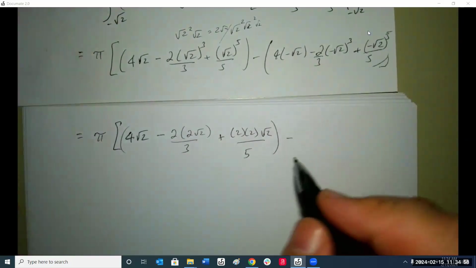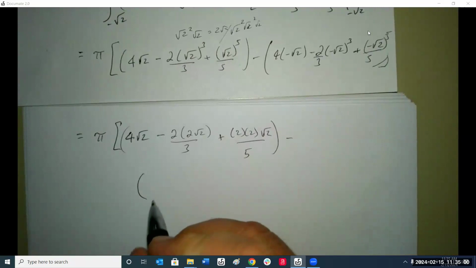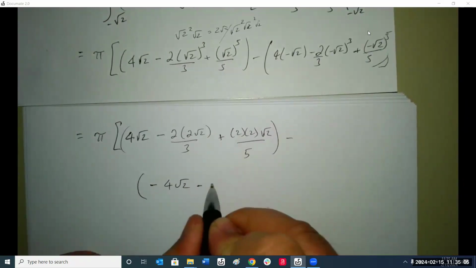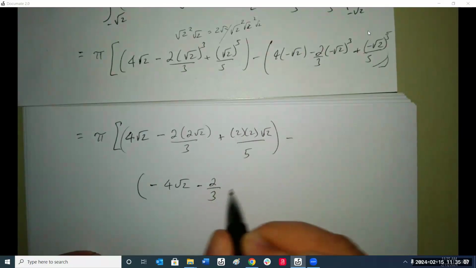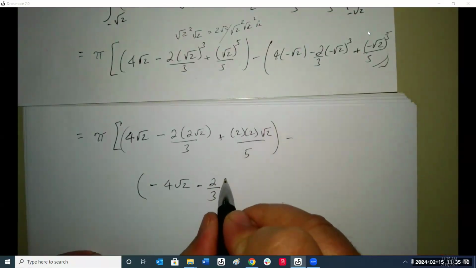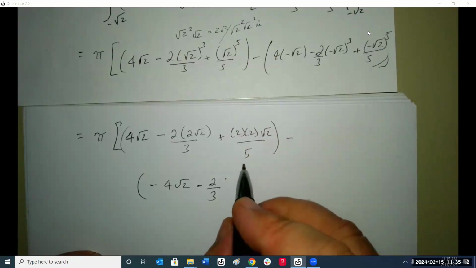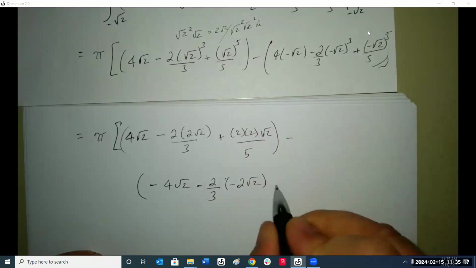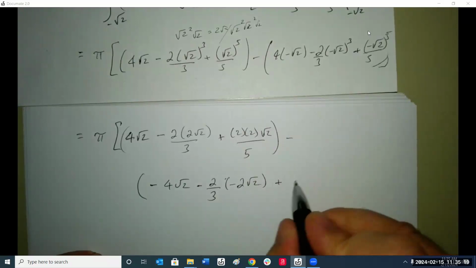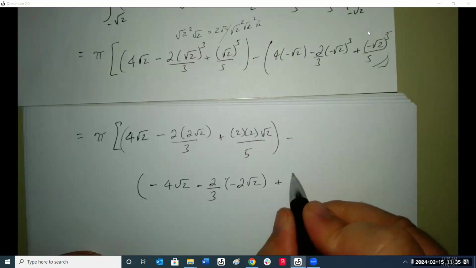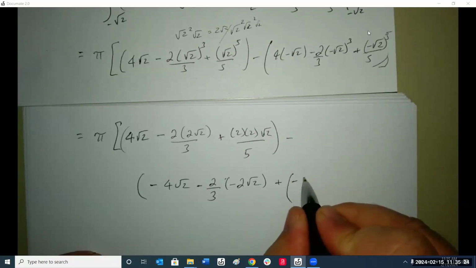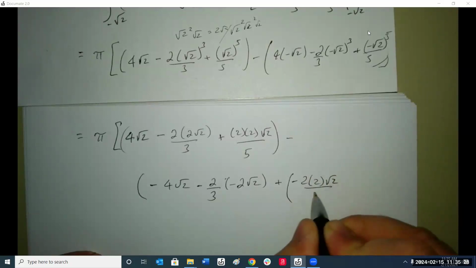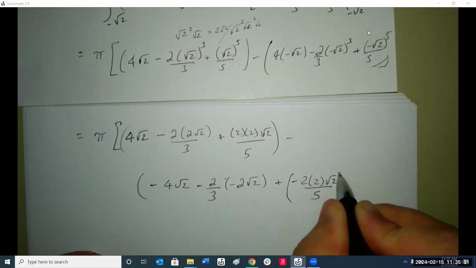That's the first part. Negative 4 radical 2, so it's negative 2 radical 2 over 3, and negative 2 times square root of 2 over 5.